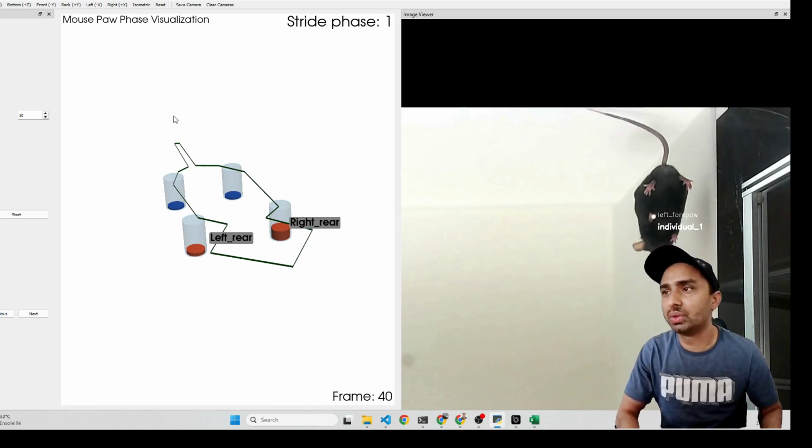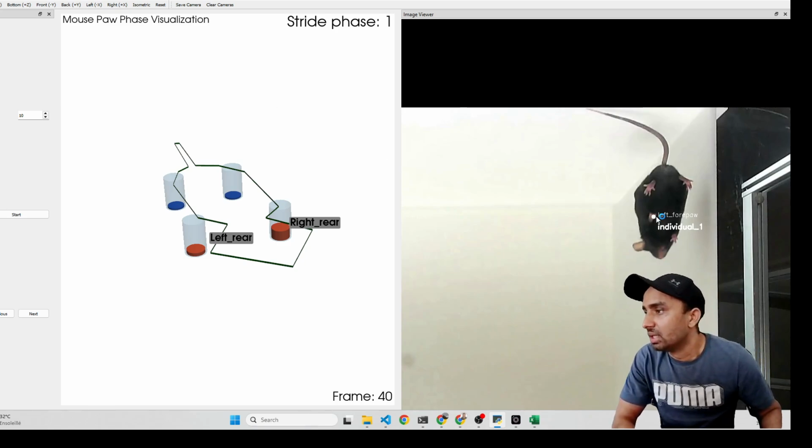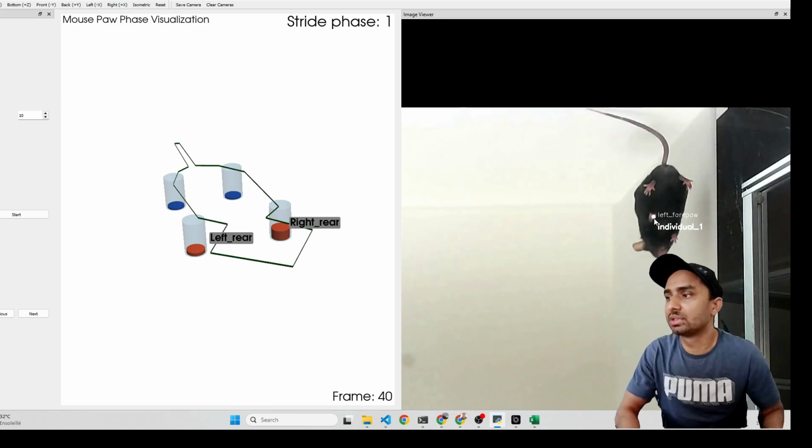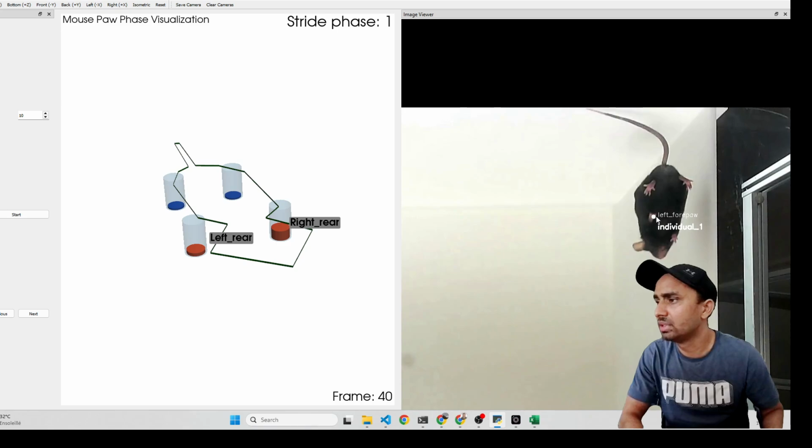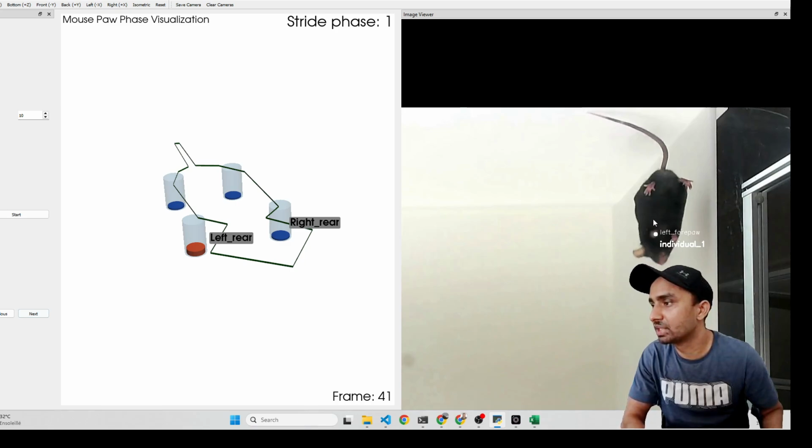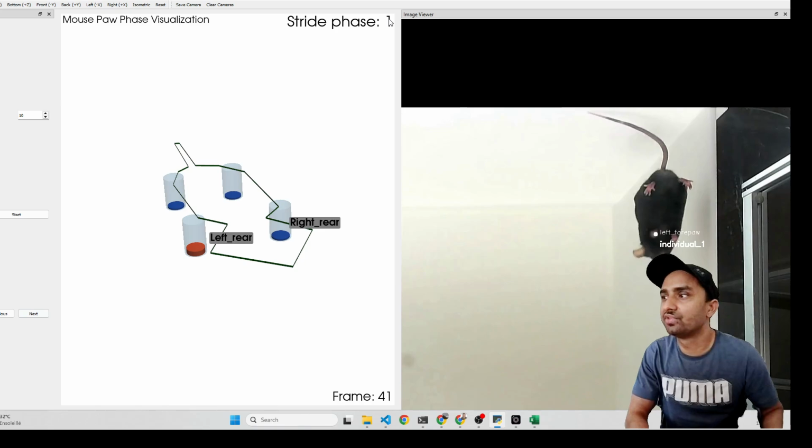So we can see in this moment the left paw begins to swing. On frame 41 it moves from this position to this position, and the cylinder becomes bigger, it got incremented by 1. So here we can see stride phase 1.